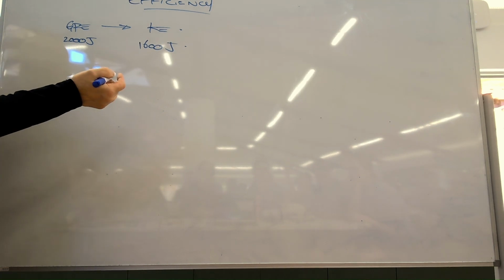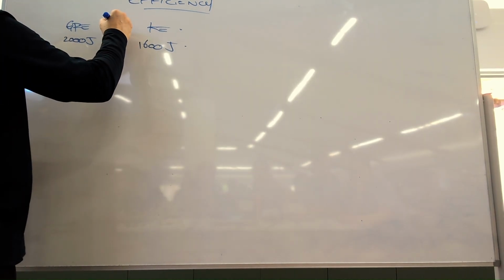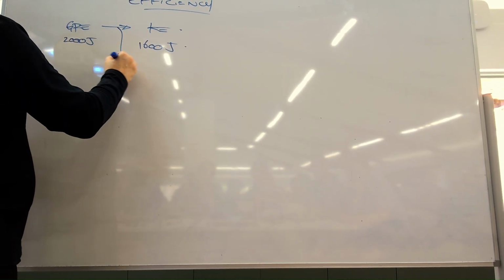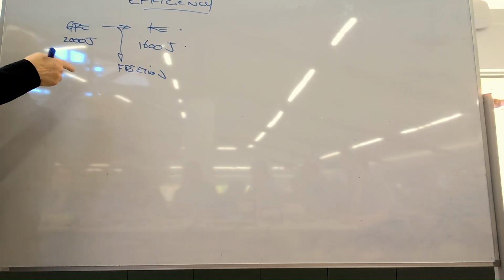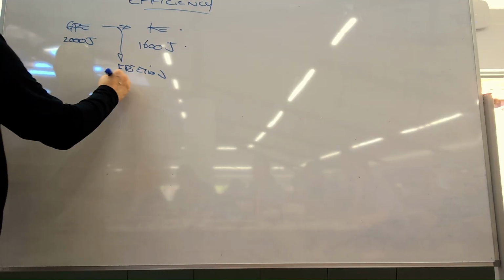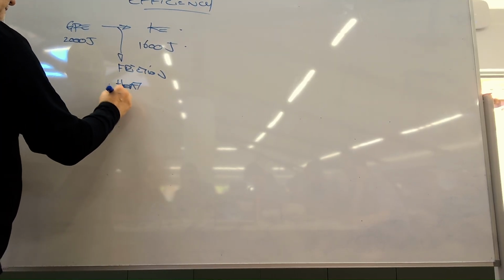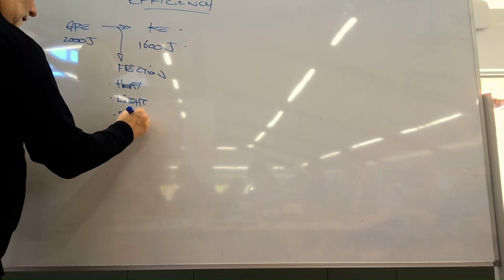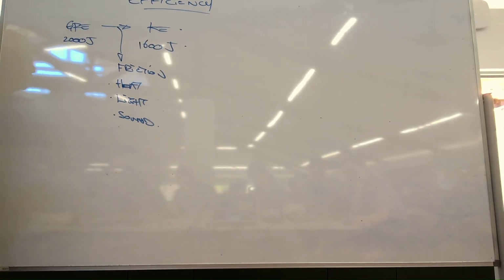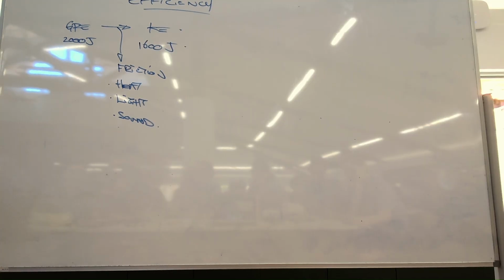Yep. Because some of the energy is converted to sound. Yep, so we have friction. And in friction, it converts energy into heat, light, and sound, which are wasted forms of energy. Okay?